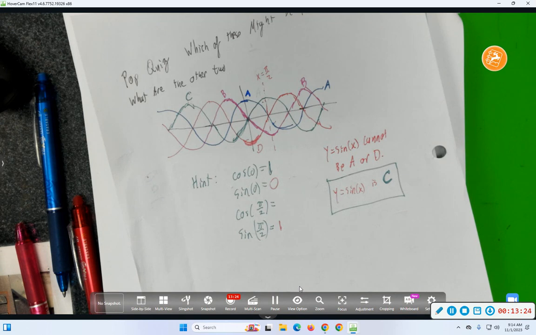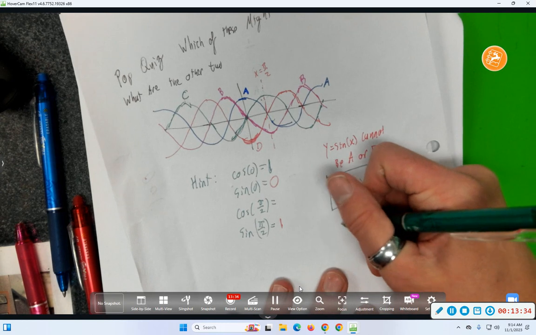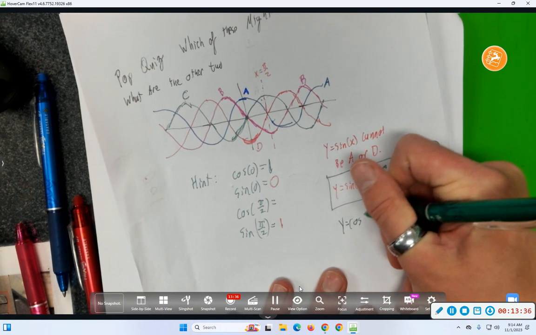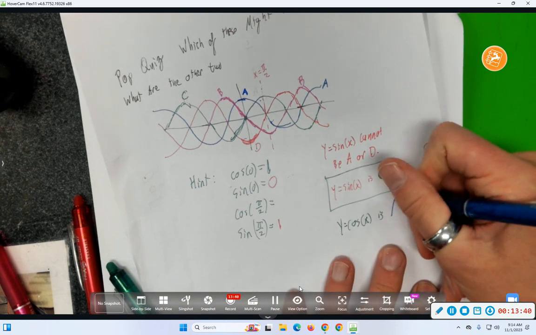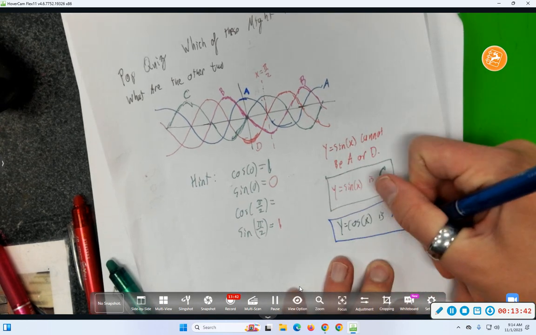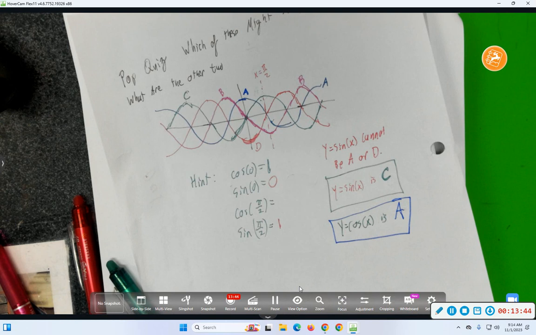Which ones can you eliminate based on that? All of them except A? Oh, cool. That's enough. So, y equals cosine of x is the graph labeled A. What do the other two functions seem to be?